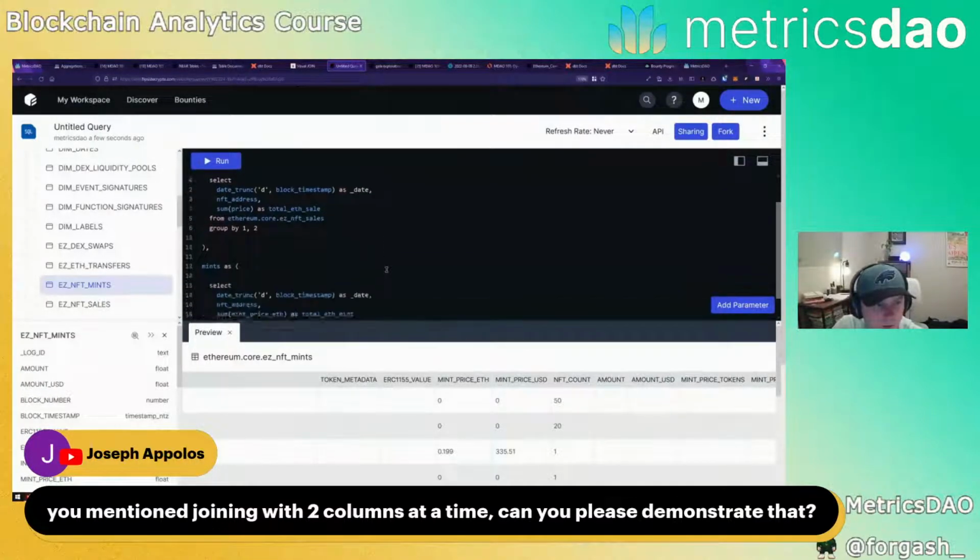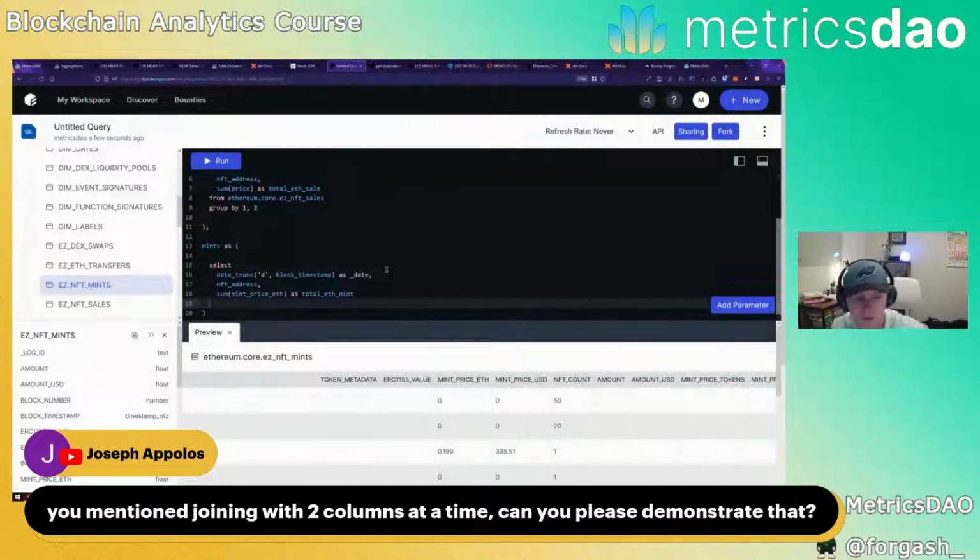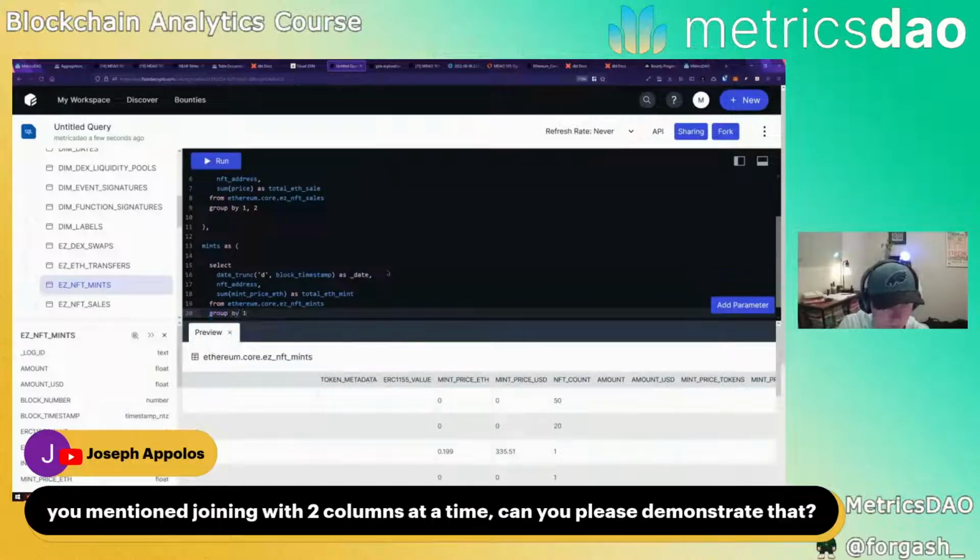I'm realizing this might not be the best example because most mints are going to happen before the sales start. But you got me on the fly, so that's what I thought of. Let's limit this though. I don't want it to run forever.